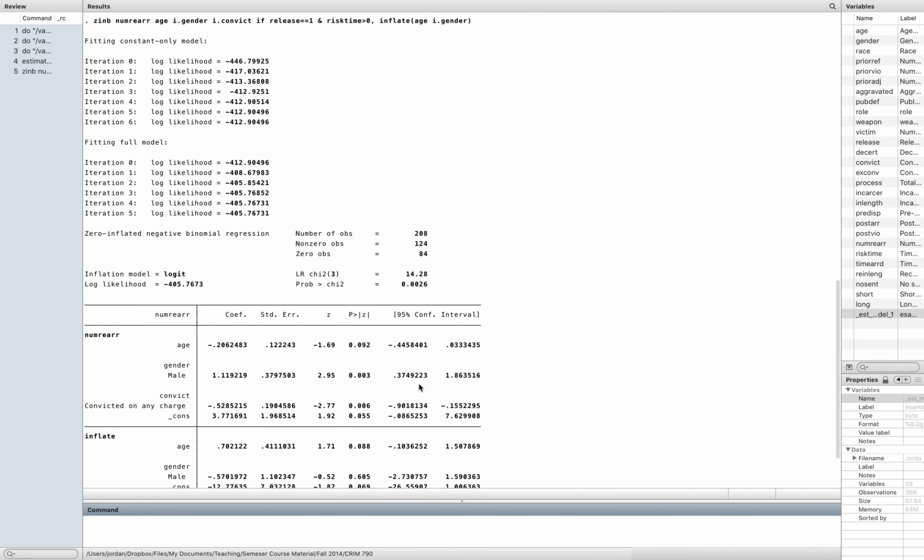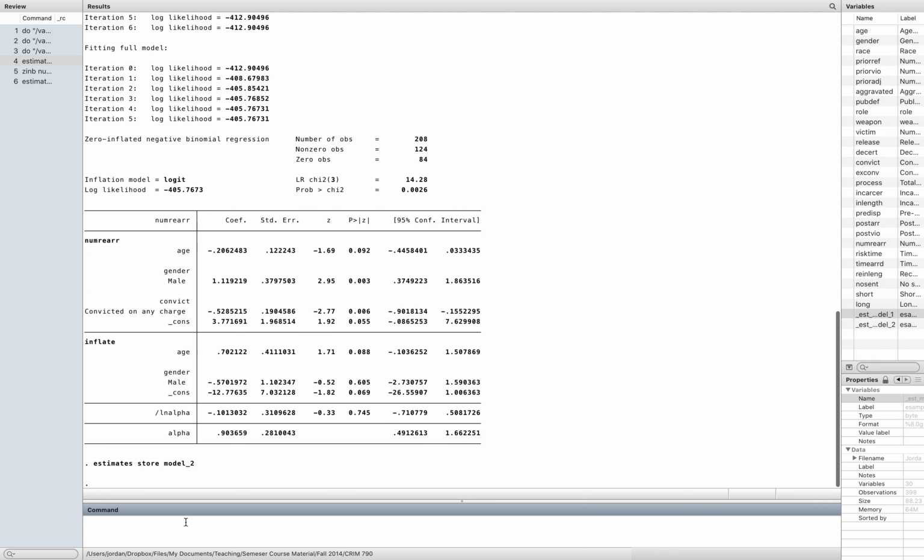So before we talk about what this model is, we're going to store the estimates here, and I'm calling it model 2. So before you talk about how you interpret what you see here, I'm going to store these estimates and call it model 2. Then you see it appears right there.